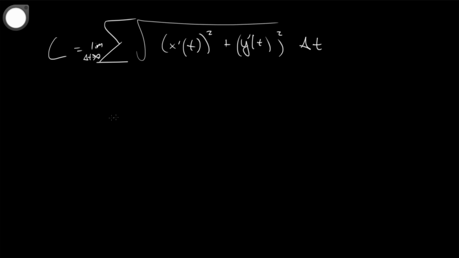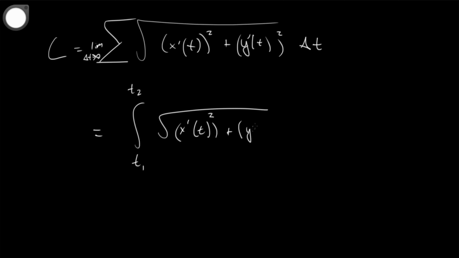And if we do that, we get, let's just say t1, t2, the derivative of the x function with respect to t, quantity squared, plus the derivative of the y function with respect to t, quantity squared. There is your arc length for a parametric set of equations. If you want to find the length that a set of parametric equations makes in the plane, this is your function.